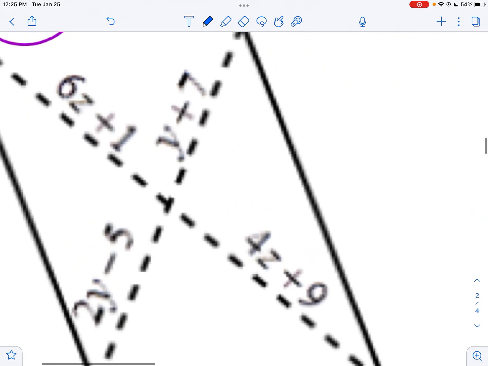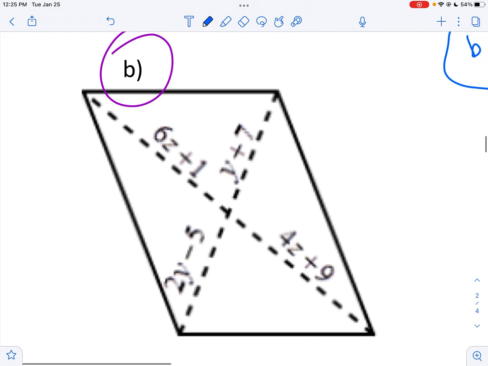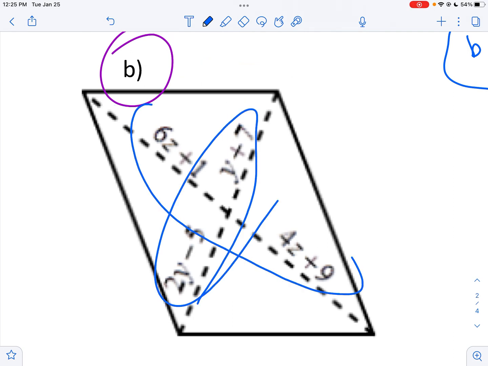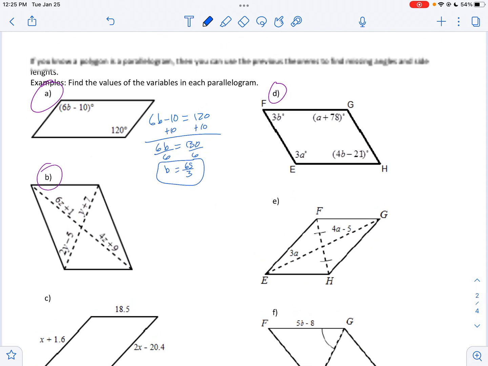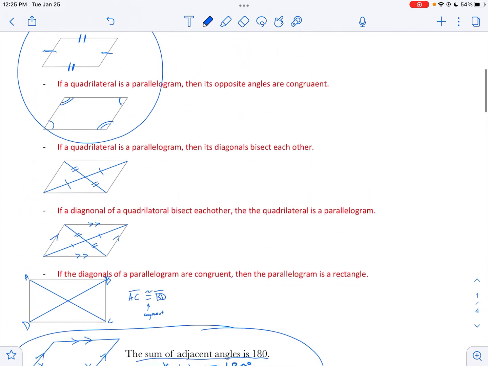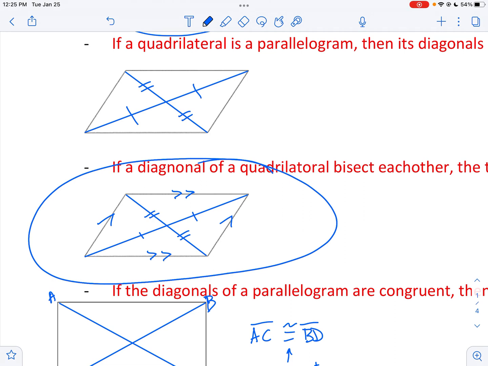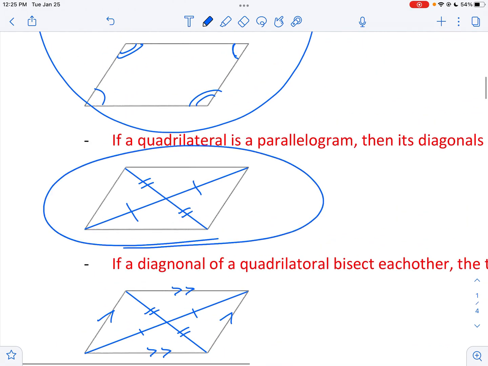Let's go to B. To solve this one, you notice we don't have any angle information. We don't have any side length information. We just have these diagonals, with a bunch of variable expressions in them. Well, that's actually going to use this one.